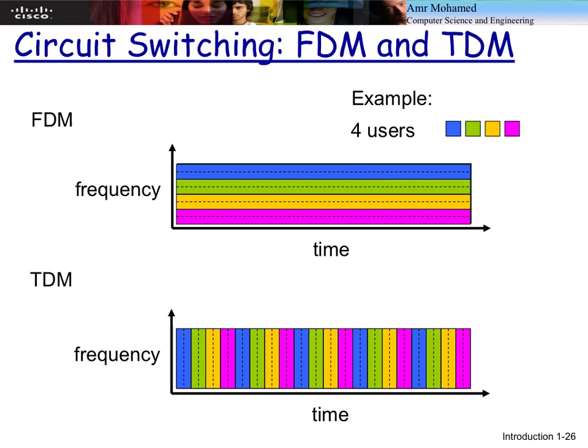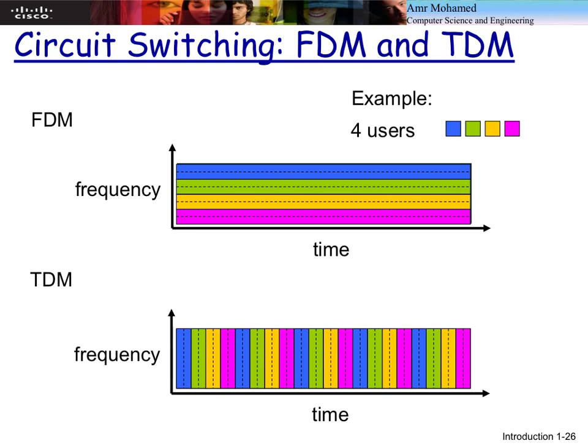So this is what we mean by dividing the network resources into pieces. The network resources can be divided either in the frequency domain or in the time domain. Or it can be both, of course.